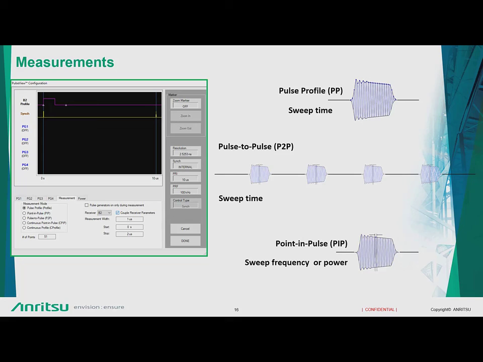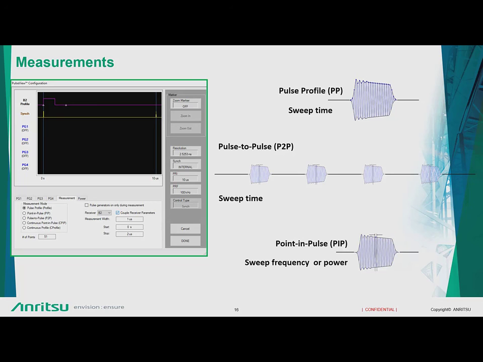That means you can measure the rise time, the fall time, the average power, everything with pulse profiling. The pulse to pulse measurement capabilities: if you have a train of pulses, you can select one particular section of pulse number 1, and then you can compare how your DUT is behaving for a number of pulses in that same segment.